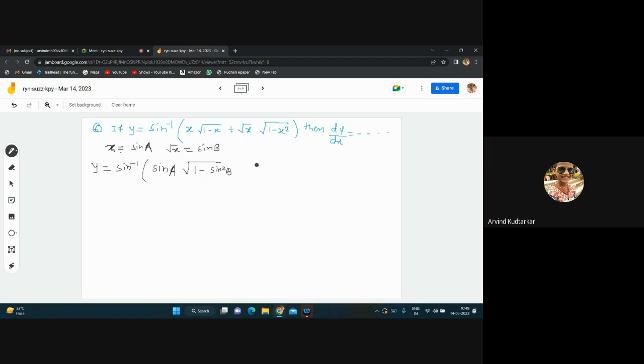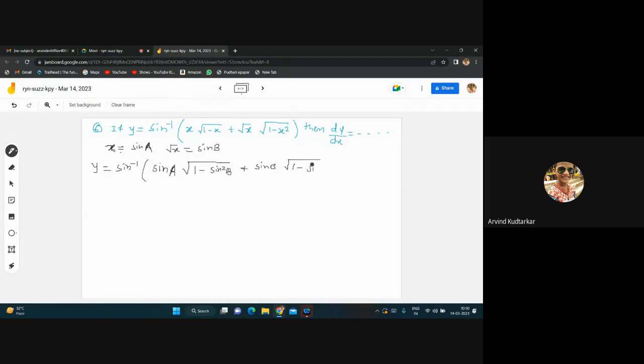Plus sin B into root of 1 minus x. What is that x?